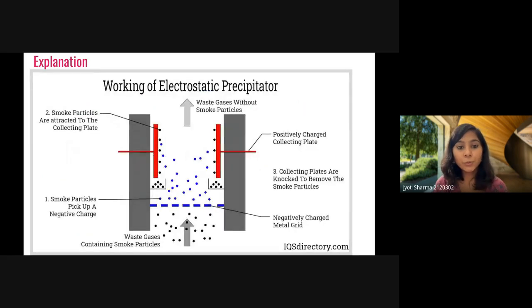Then coming to the electrostatic precipitator. From the name only you can say we do have some charge, electrostatic. So we have positive charge and negative charge. We may have some electrode that has the positive charge, and the gas that is coming in, we can give it the negative charge.